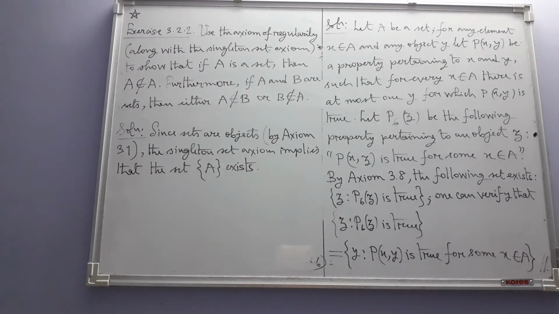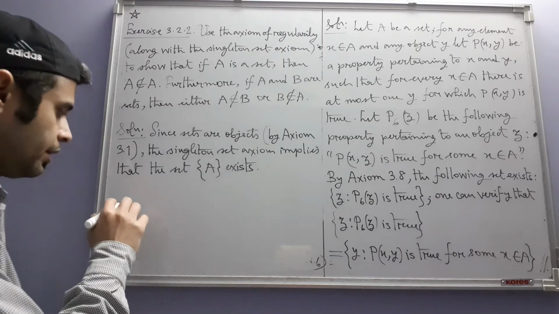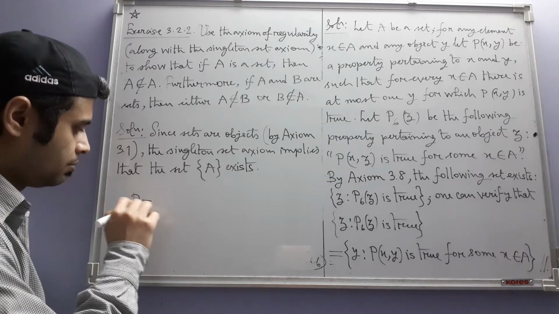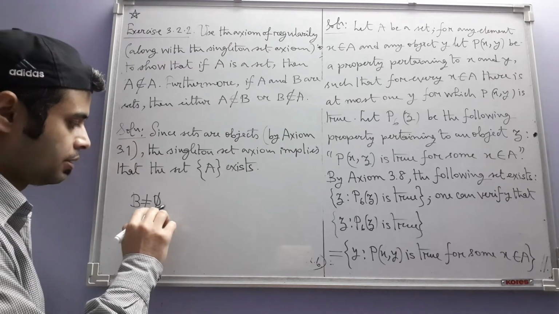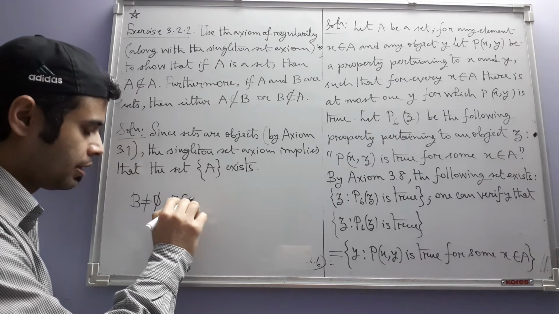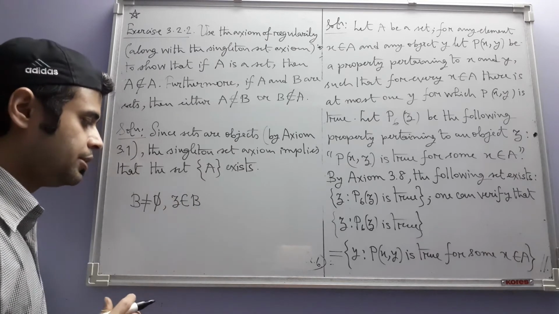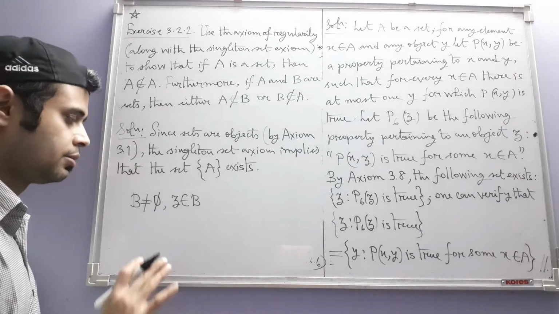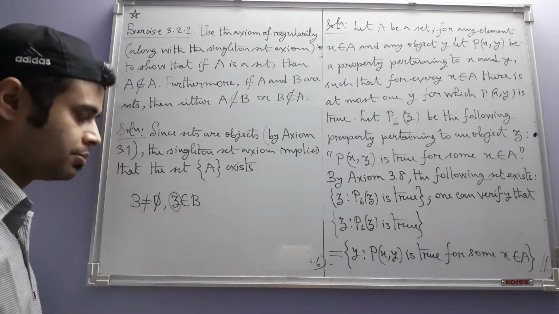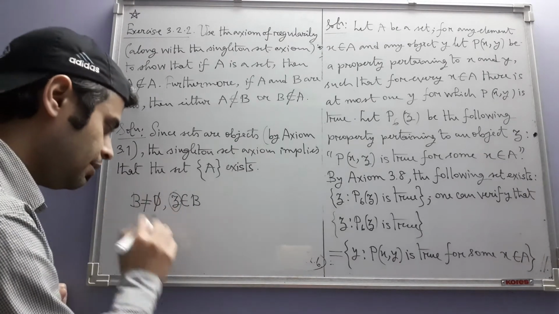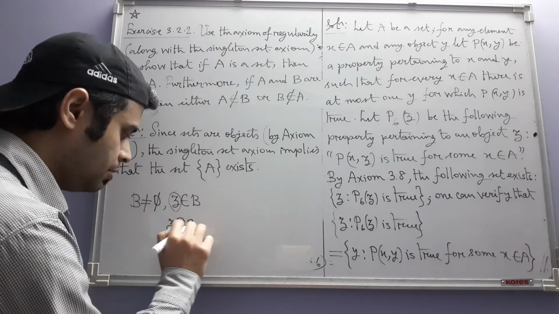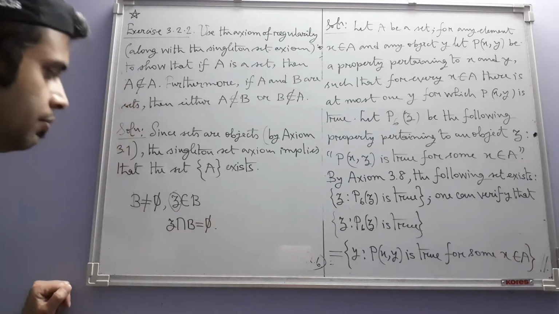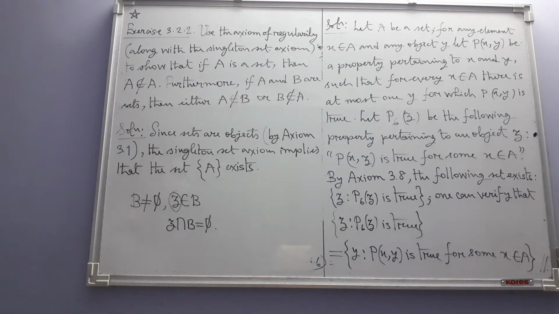Okay. Now let us recall what the regularity axiom says. It says that if we have a non-empty set B, then there exists at least one element in B which is either not a set, which is either a primitive object, or if that element is a set, then it is disjoint with B. That's what the regularity axiom says.